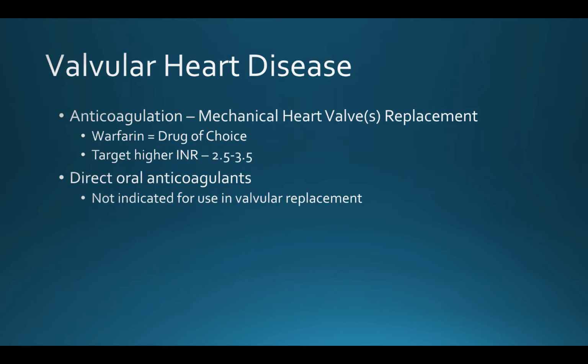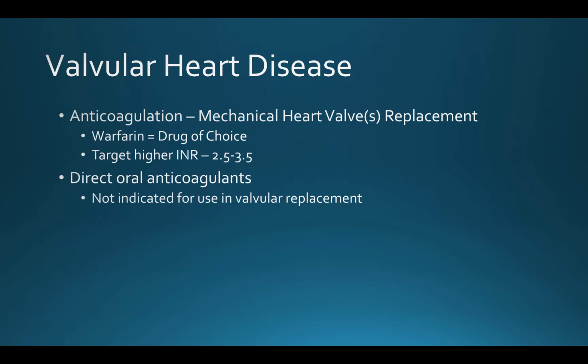I will talk about the specific agents for anticoagulation in the next couple of presentations, but I just wanted to give you that CHADS2 scoring, a very, very important risk assessment tool in atrial fibrillation.